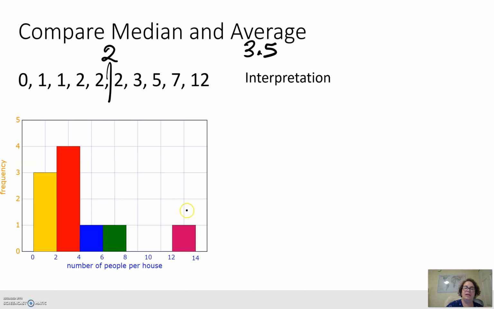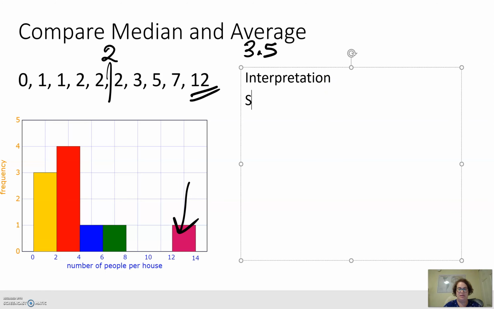Well, it tells a story, or gives the interpretation, of what's happening with this house with 12 people. All right, so our interpretation is we can say something like that.